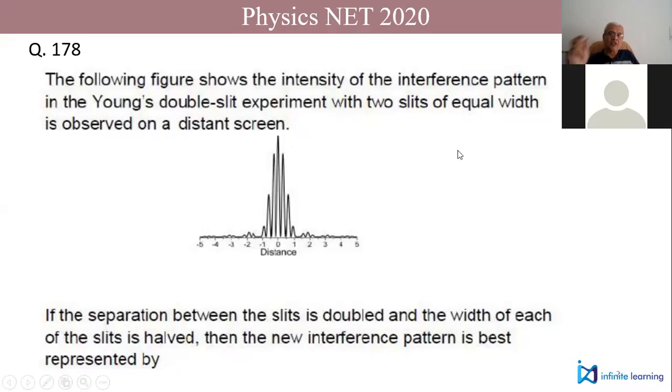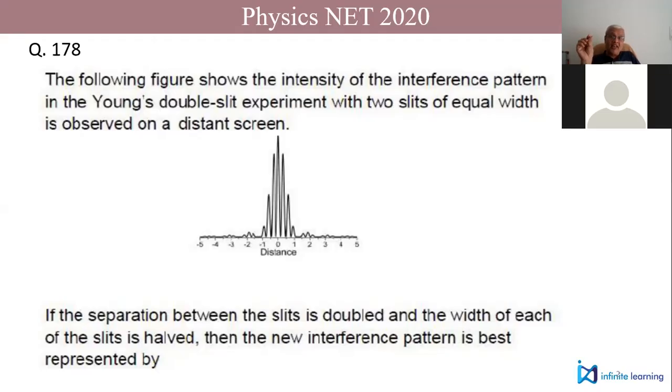remember the condition for the diffraction first minimum, which will in a way give you the width of the central maximum. No, a sine theta equals n lambda, that is the condition for the first minimum. So sine theta in a way symbolizes the width of the central maximum. For the first minimum, sine theta is lambda by a.